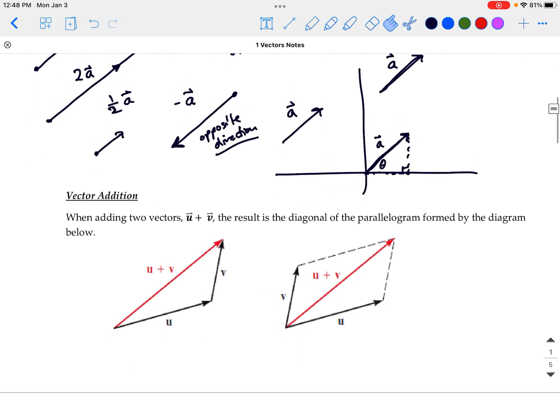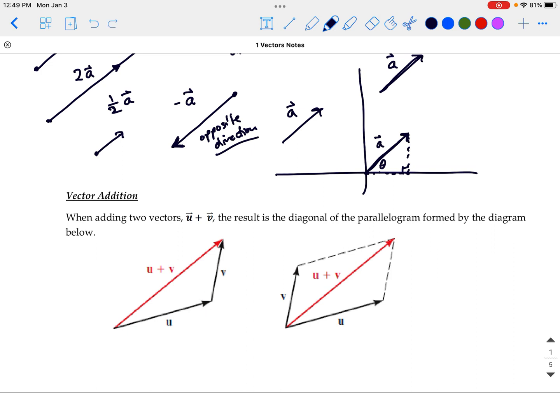So now we want to look at maybe combining two vectors with addition or subtraction. And so this is going to be pretty straightforward, which is that if we're adding two vectors, we can actually use a parallelogram as reference for this addition. So if I have two vectors in the plane, we can think of the two vectors either together, where v and u are measured from, say, the origin or from some fixed position, or I can add on one vector to the other at its head, right?